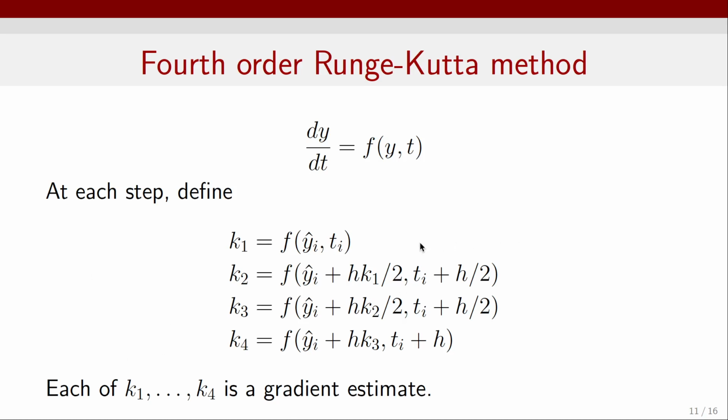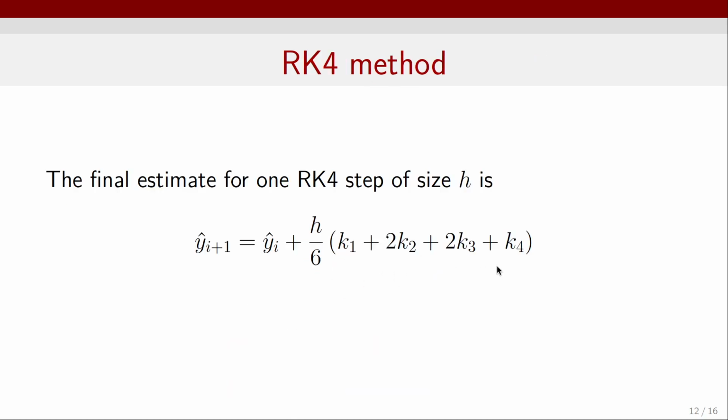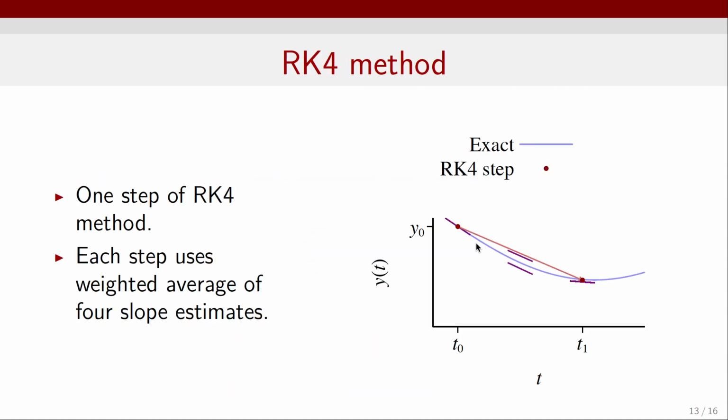Okay, so again, as I just explained, these are 4 slope estimates, and we can think of that as a slope evaluation here at the first point ti, a slope evaluation in the middle, another slope evaluation in the middle, and then finally a fourth evaluation at the next point, ti plus h, or ti plus 1.